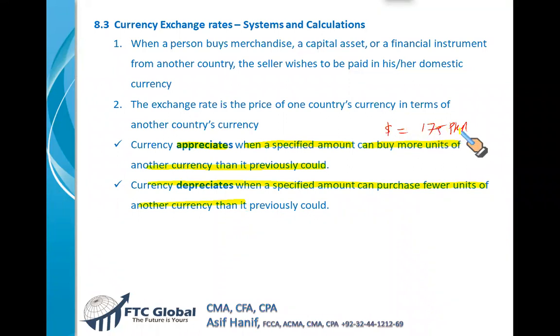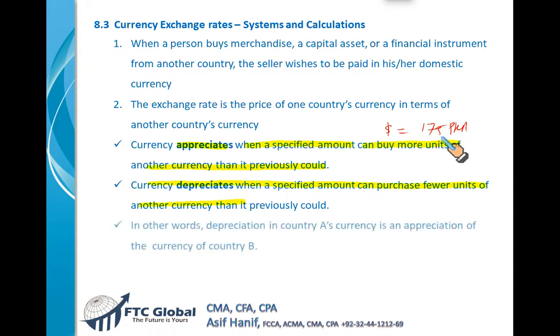On the other side, now we have to pay more Pakistani rupees to buy dollars. So you can say the Pakistani currency has depreciated. Put simply, a depreciation in country A's currency, the PKR, is an appreciation of the currency of country B, that is the USA. So if one currency depreciates against the other, that means the other currency appreciates.